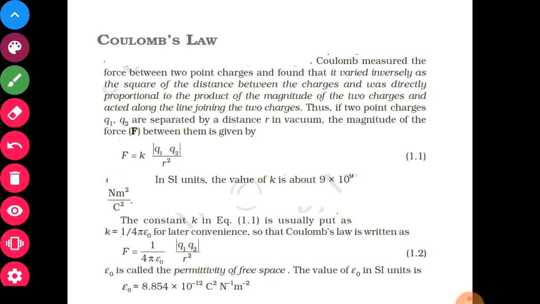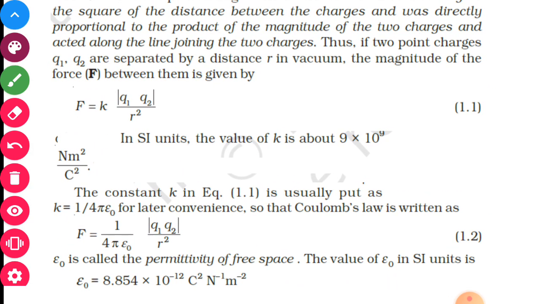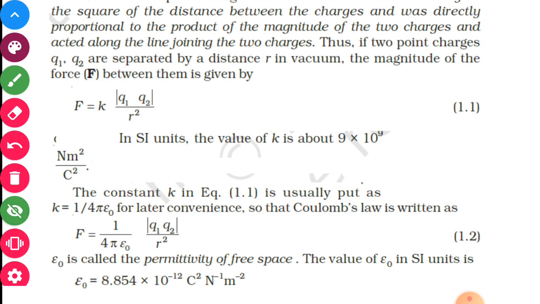This constant k in the equation has the value k = 1 / (4π ε₀), where ε₀ is the permittivity of free space.